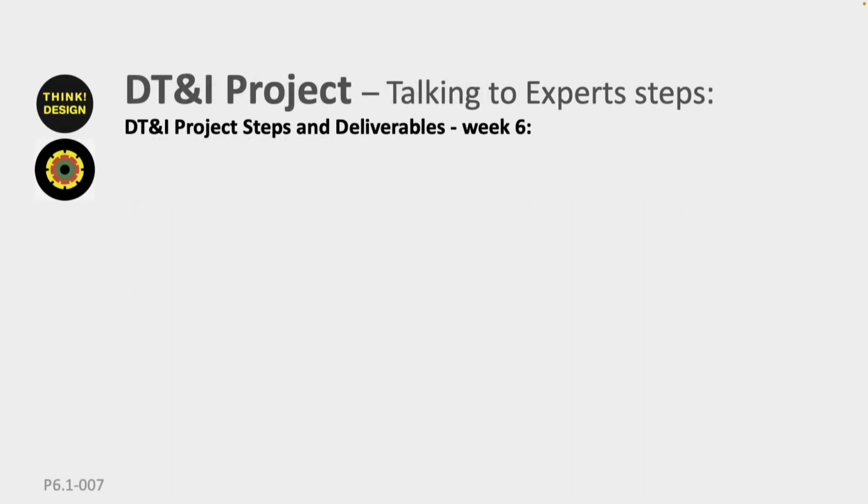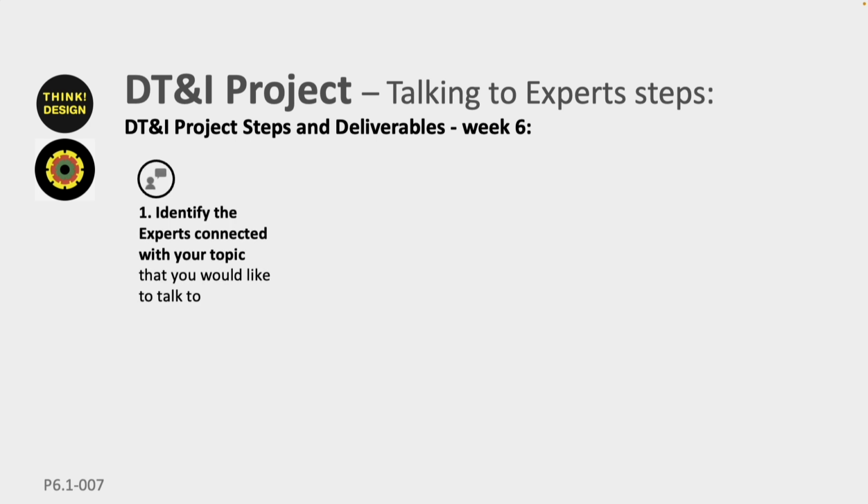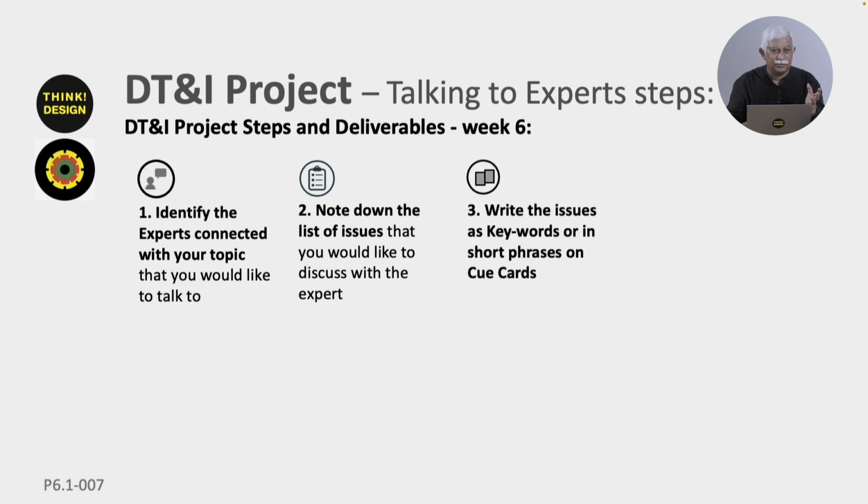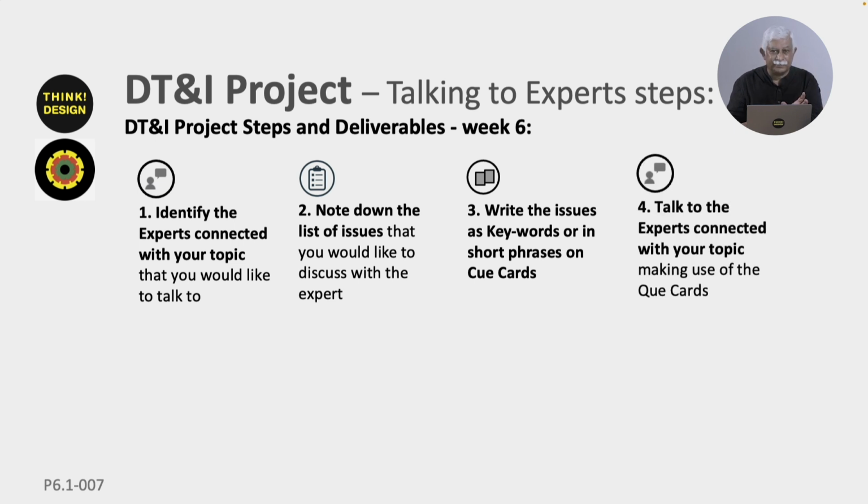Let's look at the steps involved in talking to the experts. First, you need to identify the experts connected with your subject that you would like to talk or discuss with. Note down the list of issues that you would like to talk to the expert about. Write down the issues either as keywords or in short phrases on the cue cards.